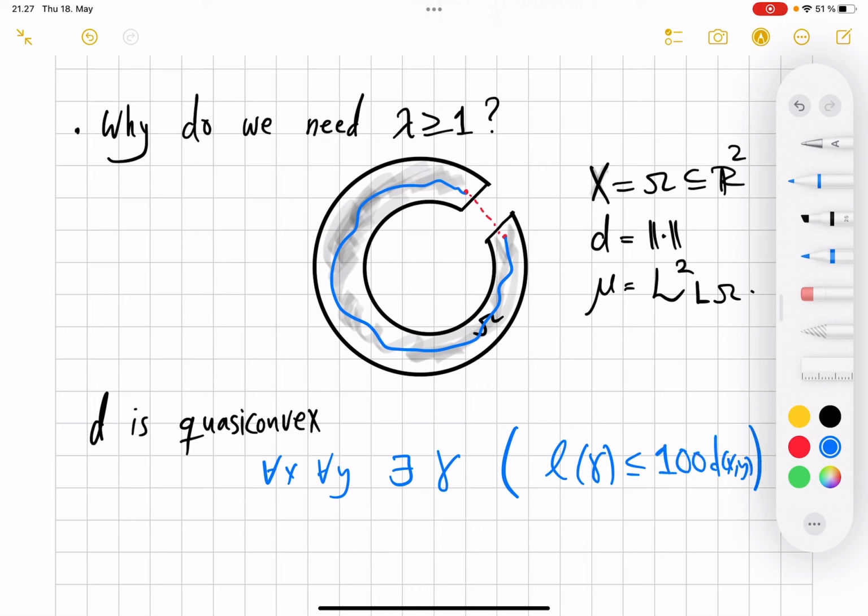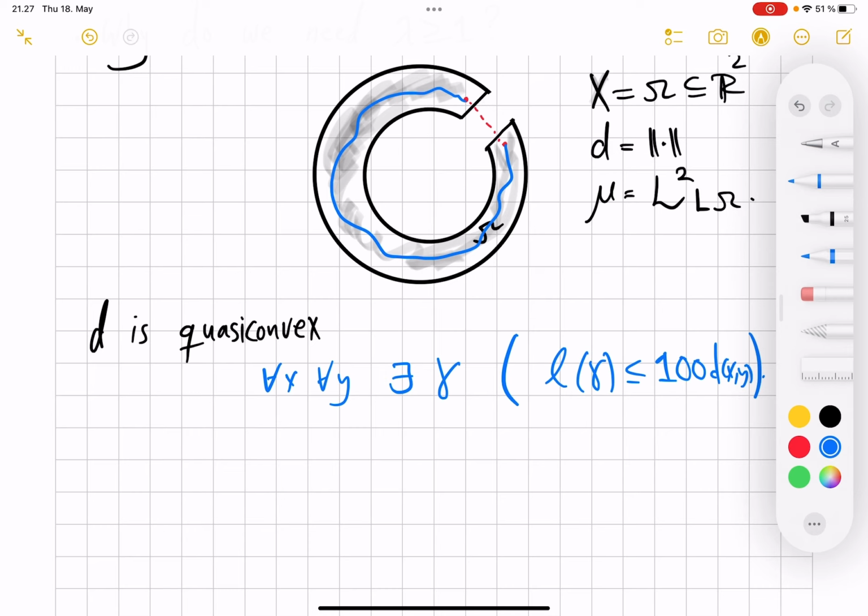So that makes it quasi-convex. Quasi-convex is a necessary condition for Poincare inequality, so this is moving in the right direction. Now, if I try to duplicate my previous example, let's see what happens.